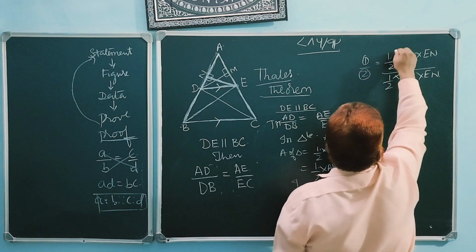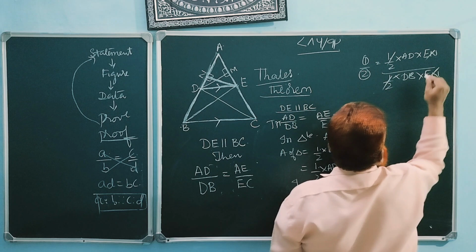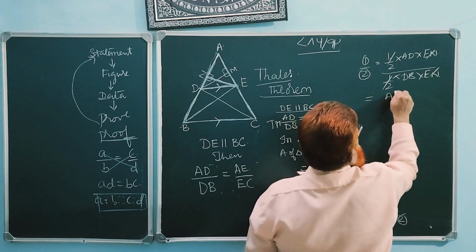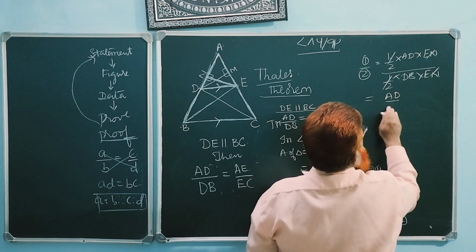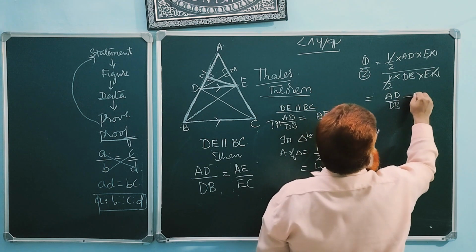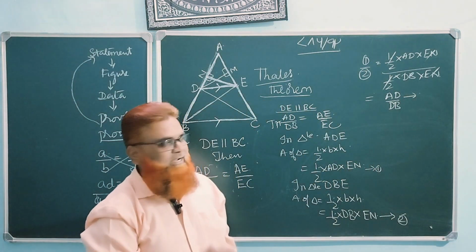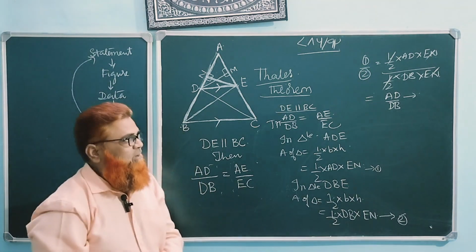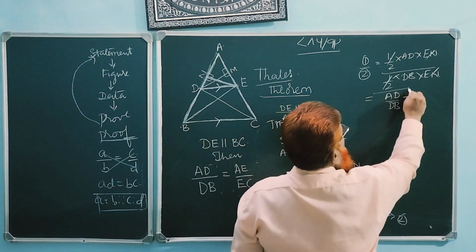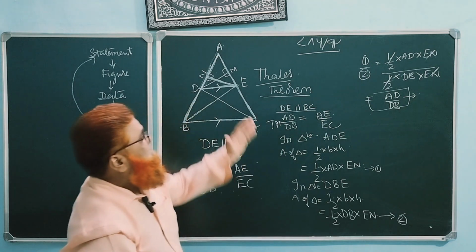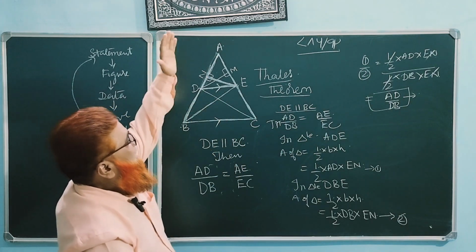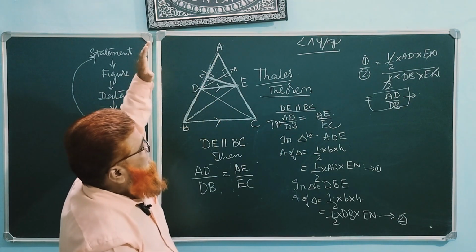Then what is common? Half and EN cancel, leaving AD divided by DB. This is one part of the theorem, that is the LHS, AD divided by DB. Now just remember that we have proved it by taking the left side of the triangle, that is ADE and its produced side.